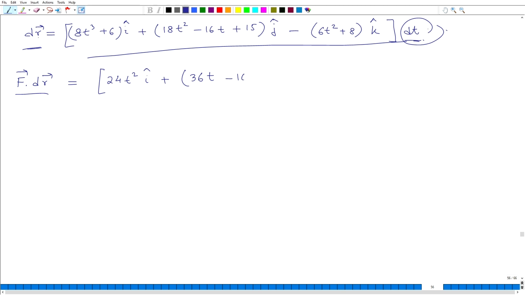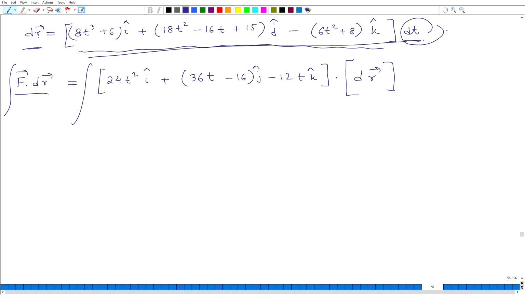Then you just take the dot product with dr, this whole thing. I just write here dr so that you can easily write it. And so there is a dt. Now you integrate. So this will be an integration over t.